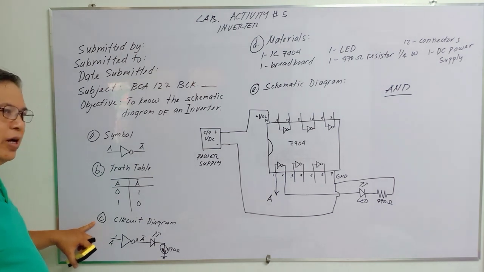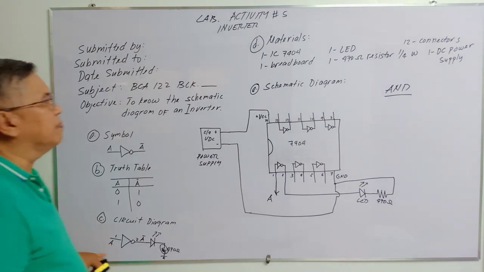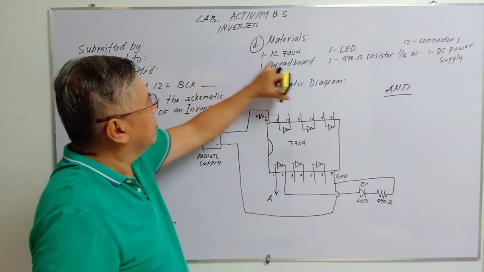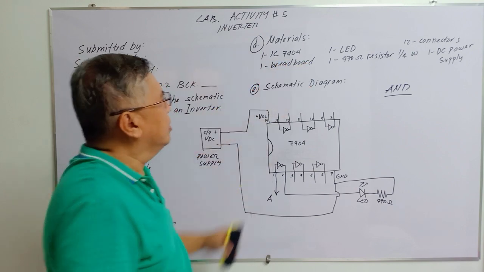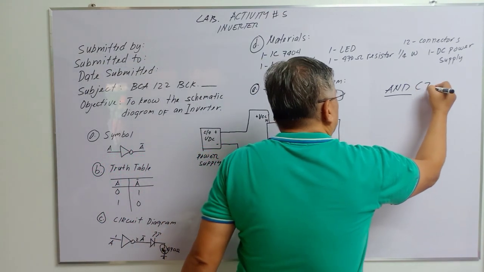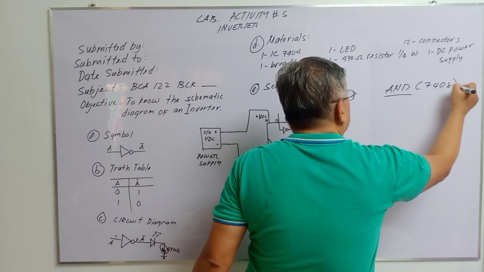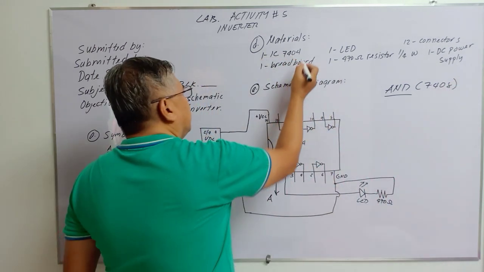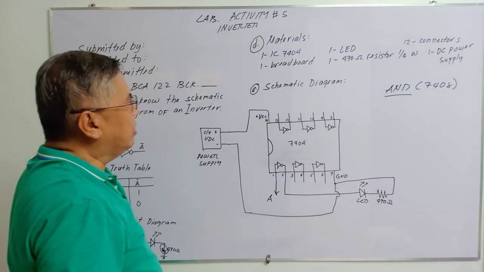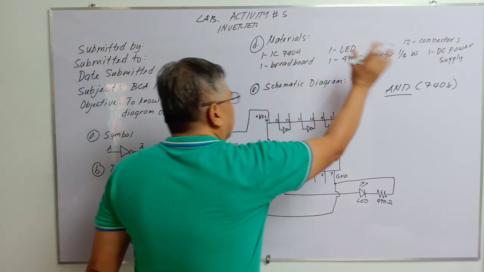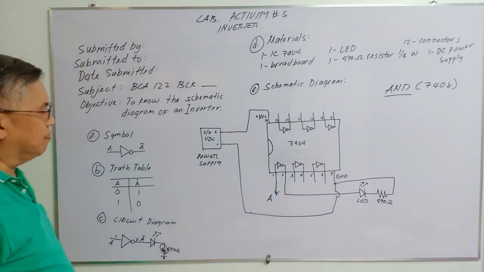The circuit diagram of a 2-input AND gate. For the materials, all you have to do is replace this with the AND gate IC, which is 7408. You just replace it with 7408, and that's it. The other requirements are the same.